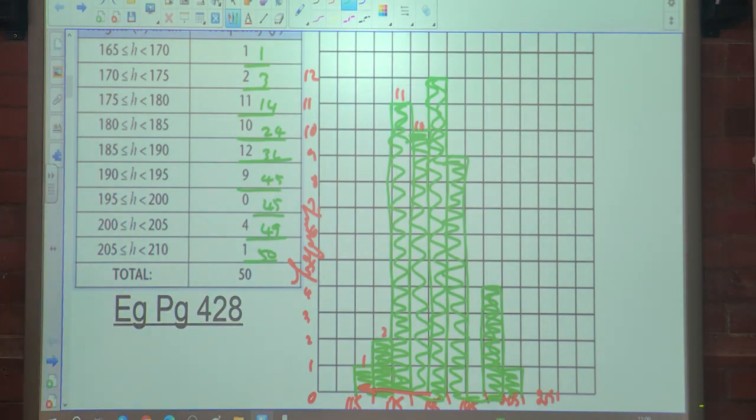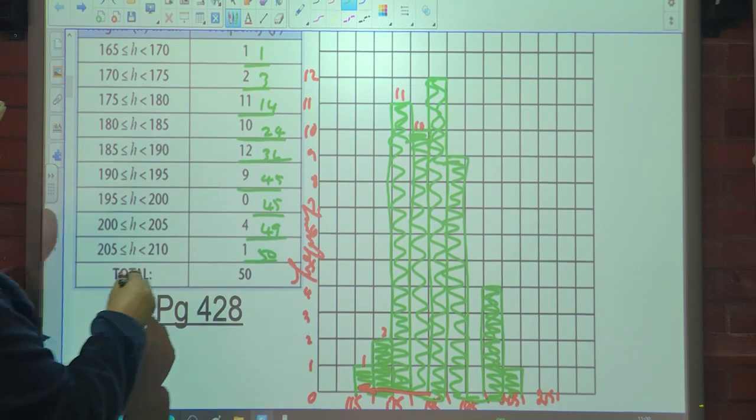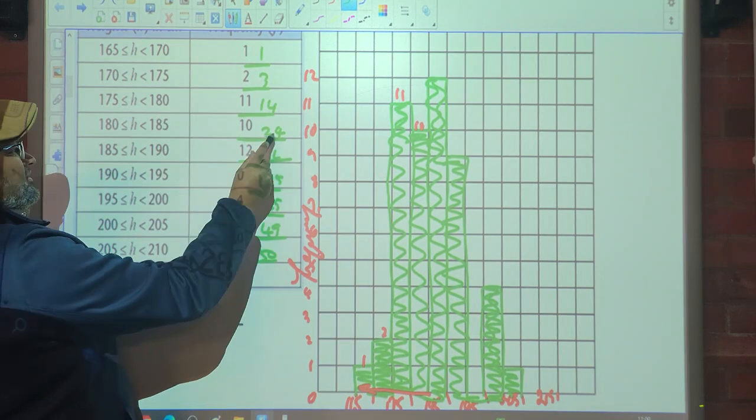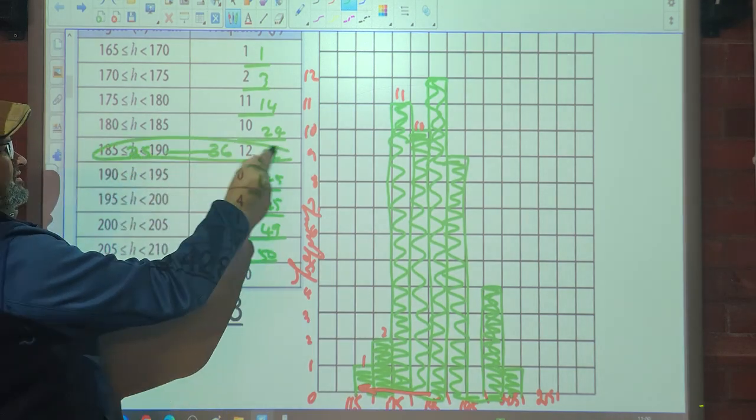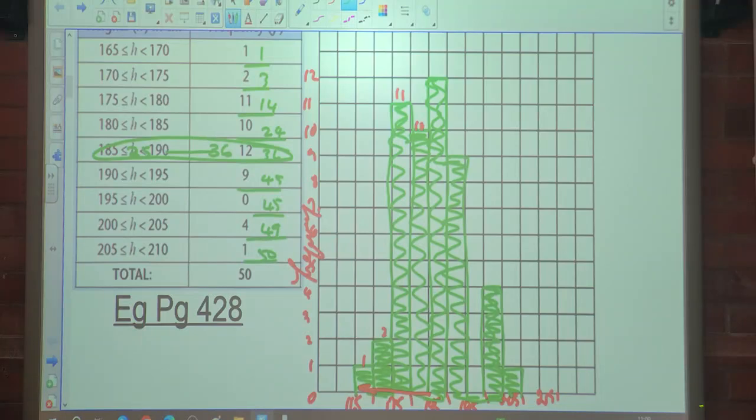What is the half of 50? 25. So I'm looking at the 25th, 26th person. And then we know that from the 25th till the 36th person is in this category here. Can you see that? Including 25 and 26.